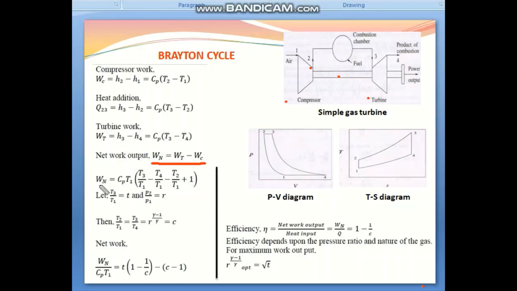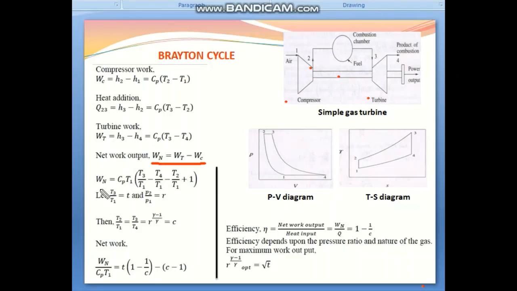This is the net work done. Net work output Wn equals Cp T1 into T3 by T1 minus T4 by T1 minus T2 by T1 plus 1. So the specific work output is Wn by Cp T1.